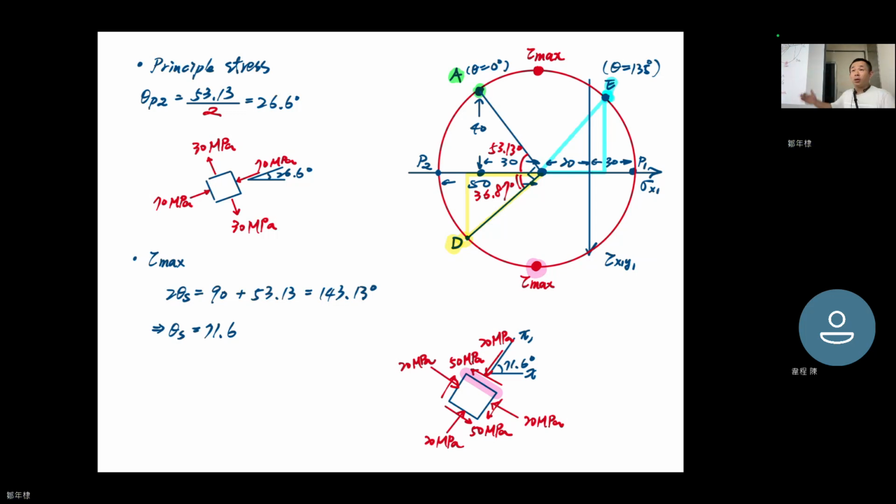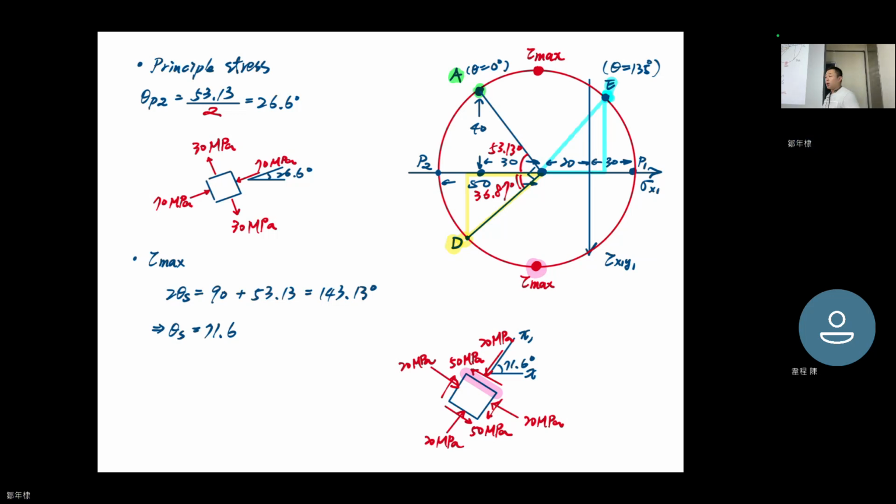I hope the Mohr circle is clear. The Mohr circle is really important, and it definitely appeared in your final exam. It's easy, and I hope everyone can understand this.